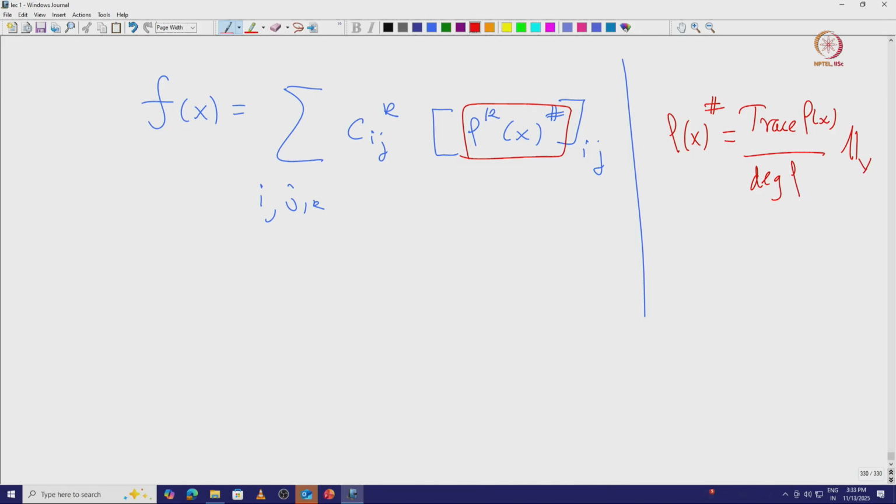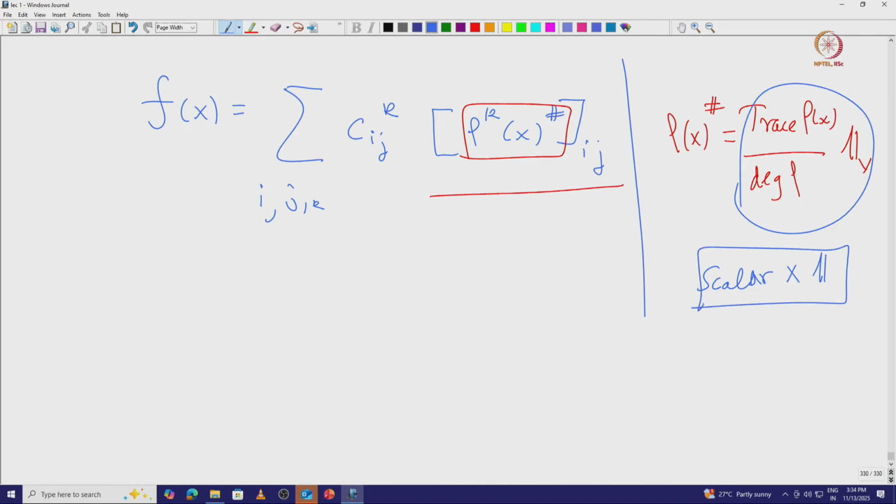Then the ijth coefficient survives only whenever i equals j, because this is just a scalar times identity. So all entries in the off diagonals are 0.